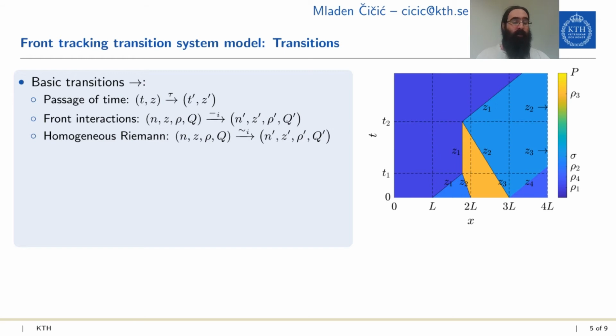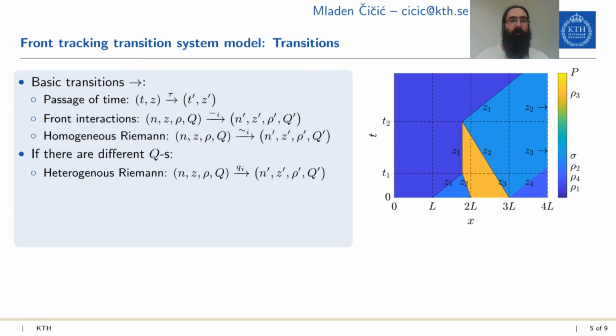First, we need the passage of time, which describes how the wavefronts move as you advance time. Then we need the front interaction transitions, and this is basically describing what happens when 2 wavefronts collide. And we need the homogeneous Riemann transition, and this one essentially encapsulates the process of solving Riemann problems and getting the wavefronts that originate from that.